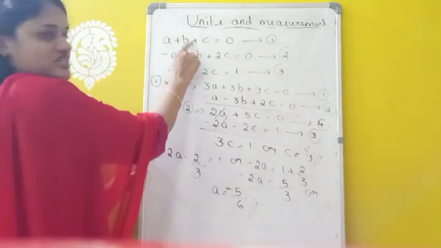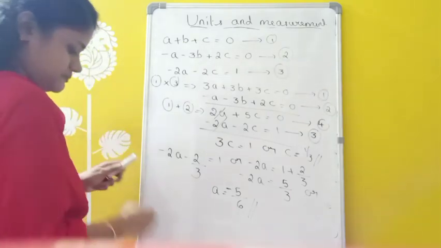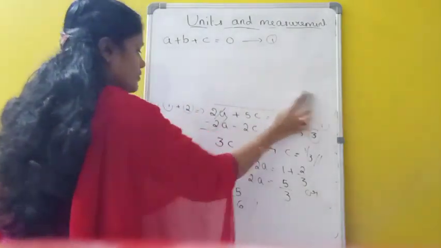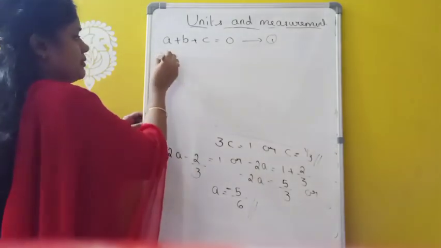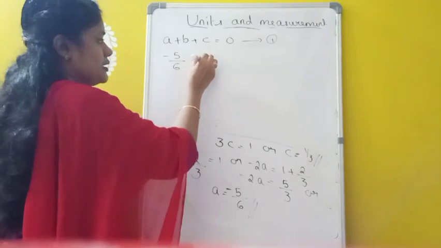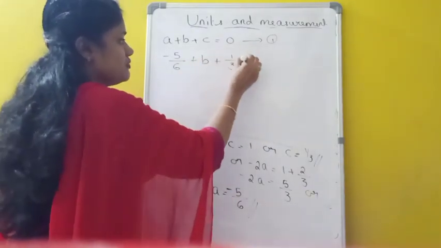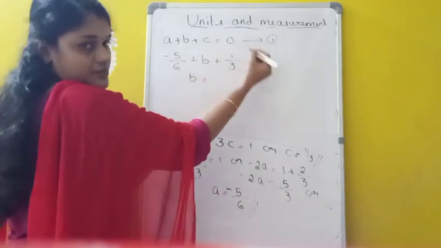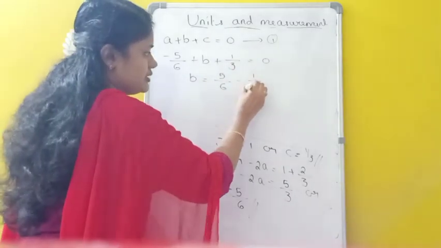Now we can substitute in the first equation. Okay. So we have the equation a plus b plus c equals 0. We have the value of a, minus 5 by 6, plus b, we don't know, plus what is the value of c? 1 by 3, equals 0. Okay. So from this we need to find b. b equals, taking this on the right hand side, 5 by 6 minus 1 by 3.